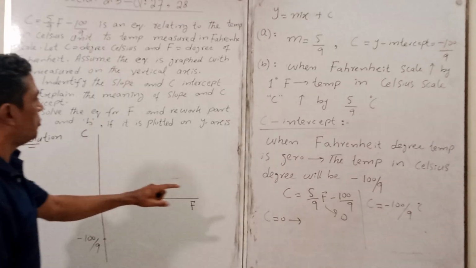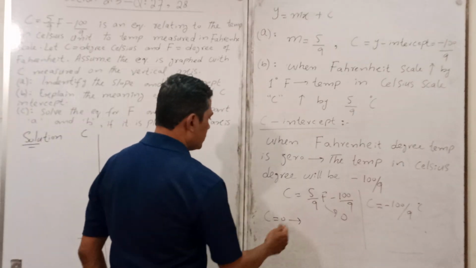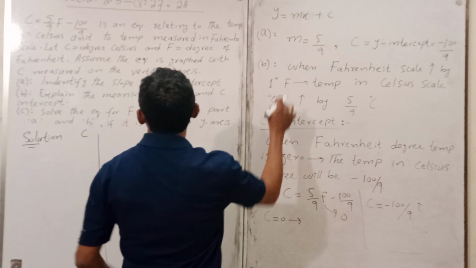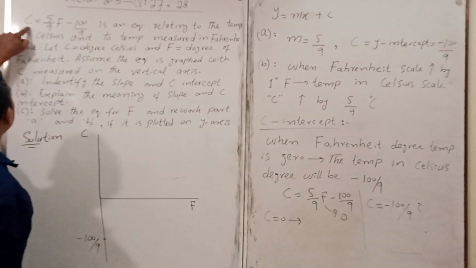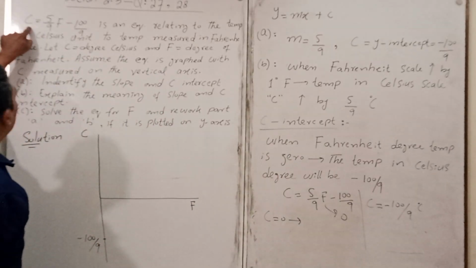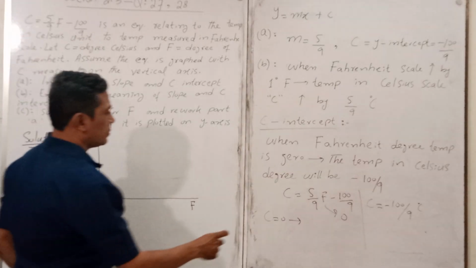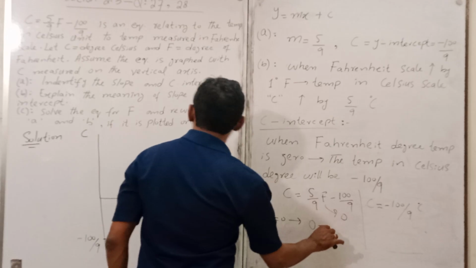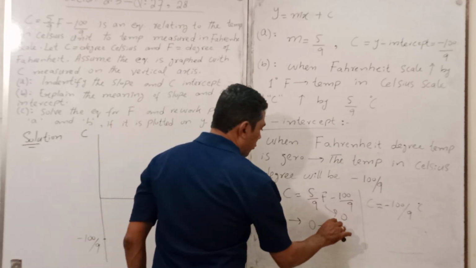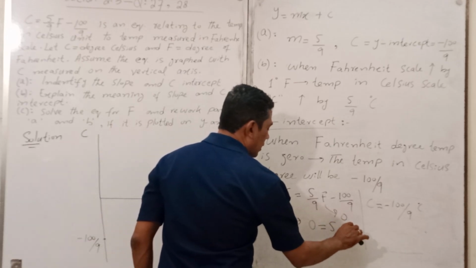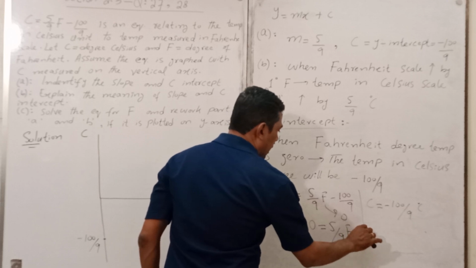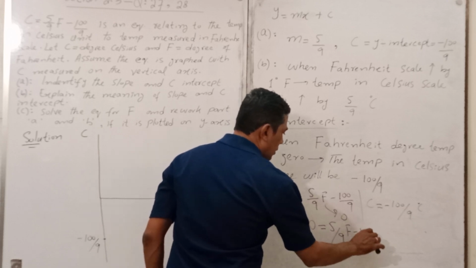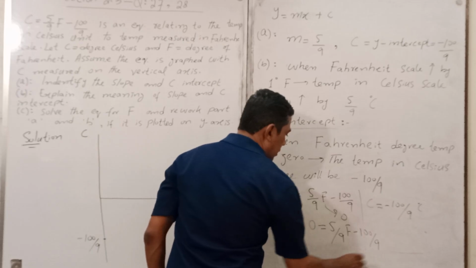When we put C equal to 0, where is our equation? This is C equal to 0, and in this equation, so 0 equal to 5 over 9 F minus 100 over 9.